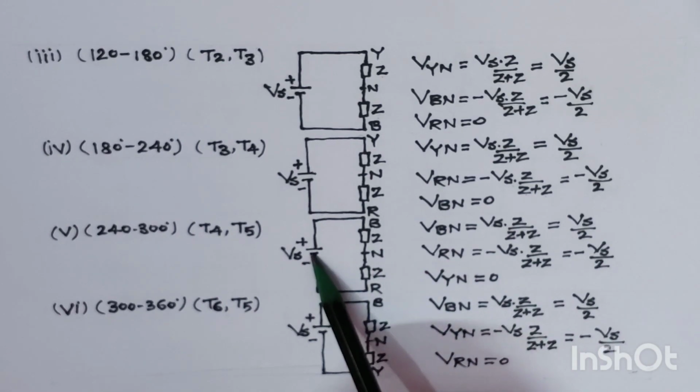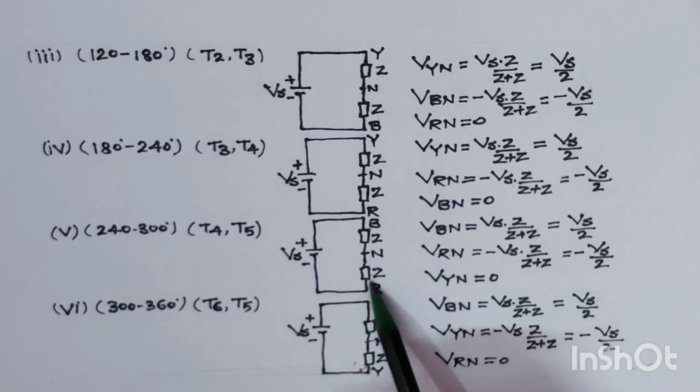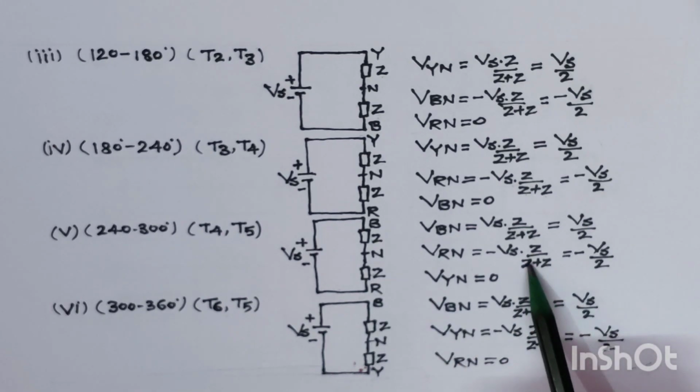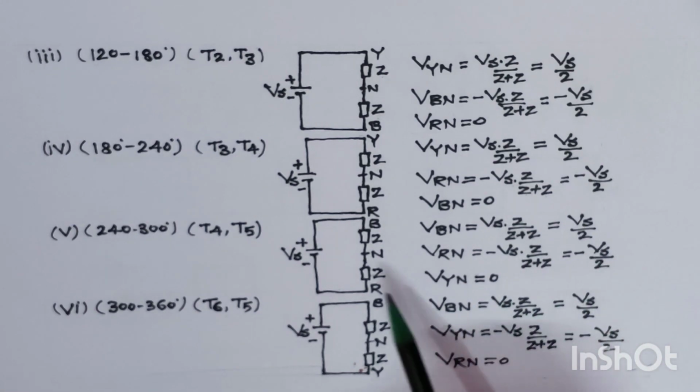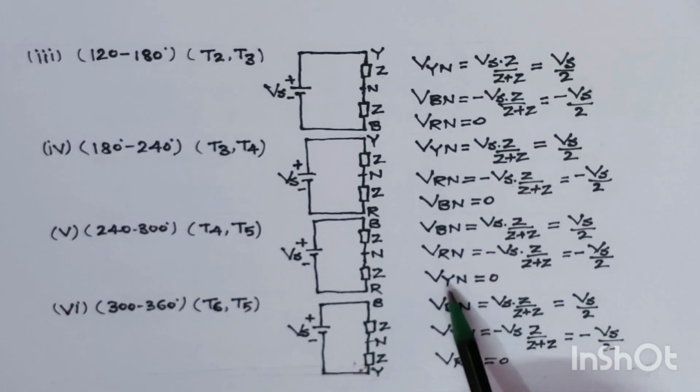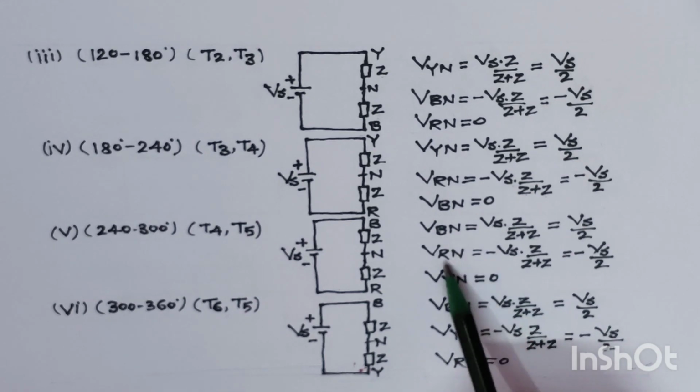Since R is connected toward the negative side, VRN equals minus Vs into impedance Z upon Z plus Z upon Z plus Z. If you solve this, this value comes out to be minus Vs by 2. So VRN is minus Vs by 2. And since no Y phase is connected in the circuit, we will write here VYN equals 0.